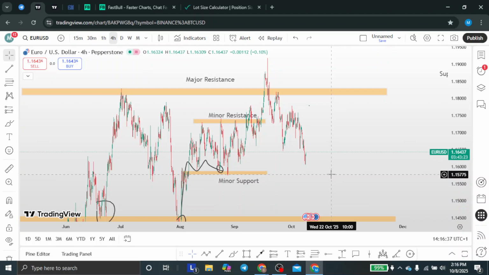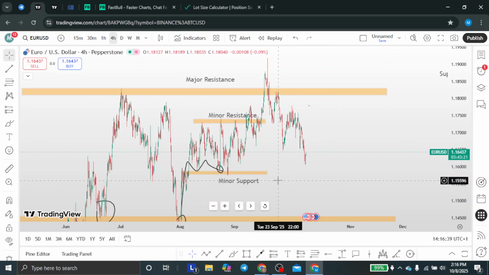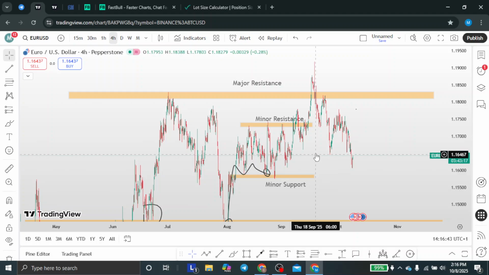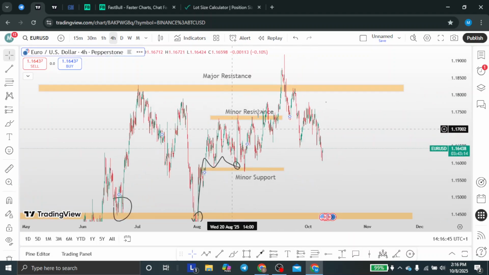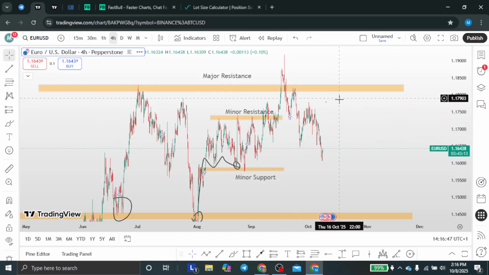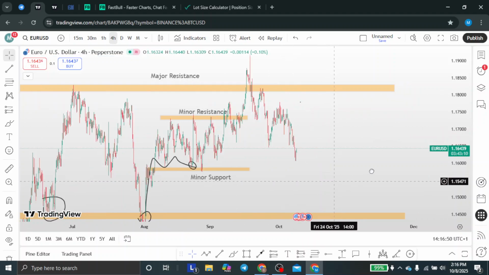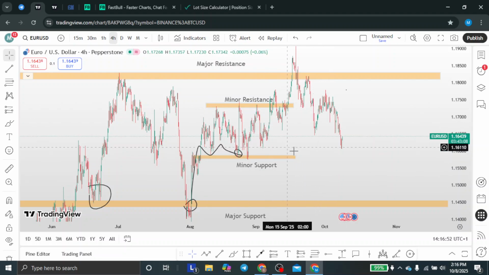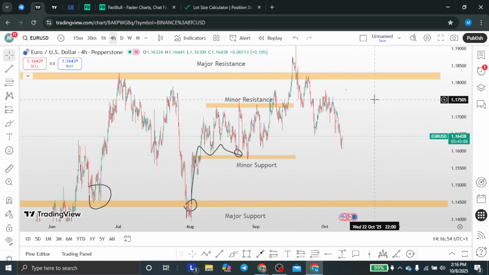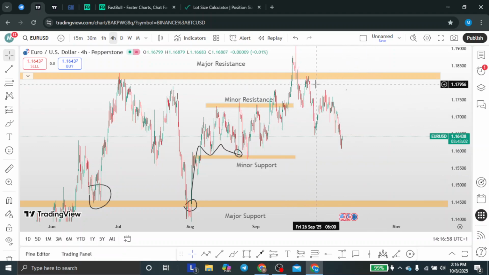Do you understand? Mind you, our overall projection, we are targeting the major. Sometimes, even if we are not in the trade, we want to use the minor to enter trades that will lead to the direction of the major zones.